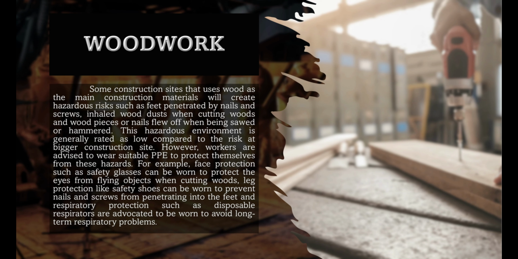However, workers are advised to wear suitable PPE to protect themselves from these hazards. For example, face protection such as safety glasses can be worn to protect the eyes from flying objects when cutting woods. Leg protection, like safety boots, can be worn to prevent nails and screws from penetrating into the feet. And respiratory protection such as disposable respirators is advocated to be worn to avoid long-term respiratory system problems.